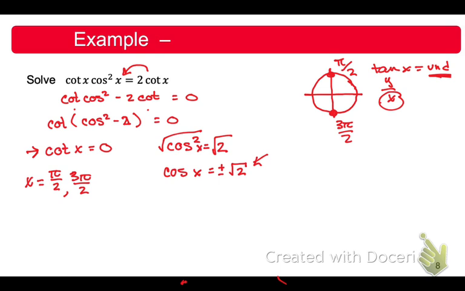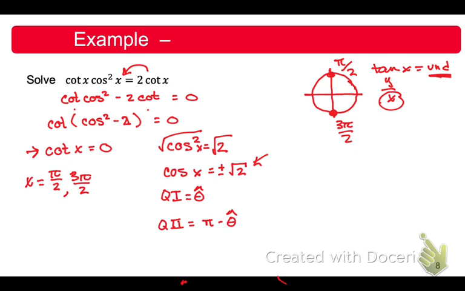Now I said I needed a calculator, and I'm going to need to find the first quadrant, which is my reference angle, correct? And then for the second quadrant, I'm going to take pi minus my reference angle, correct?